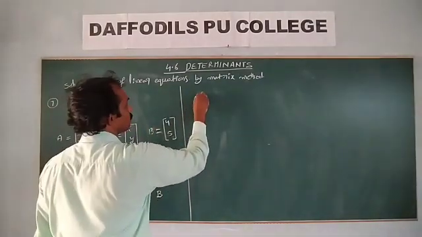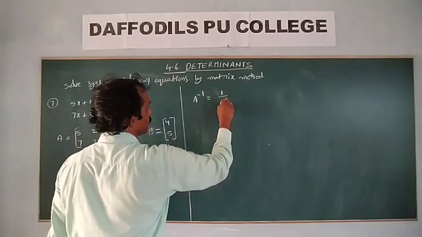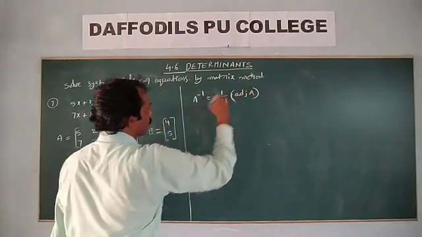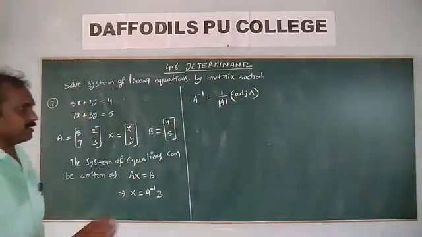A inverse is equal to 1 by det A into adjoint A. This is the formula. So first of all, we find det A.